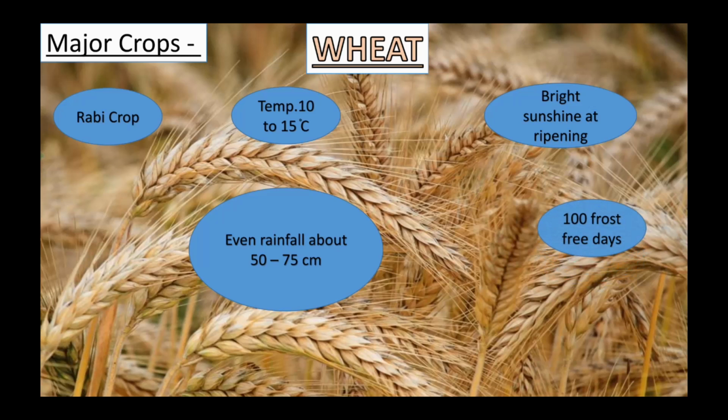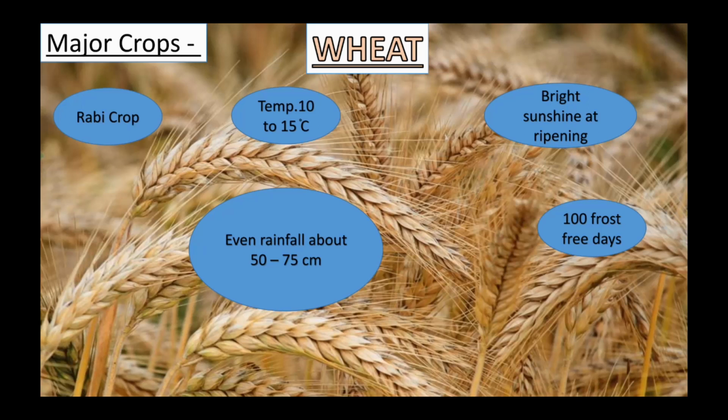What is frost? It is the weather condition when the temperature falls below 0 degrees Celsius, that is freezing point, and a thin layer of ice forms on the ground at night.